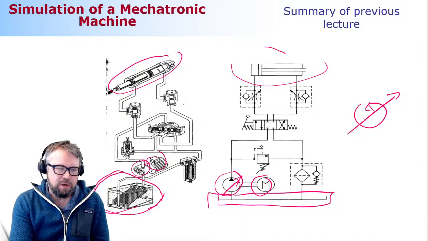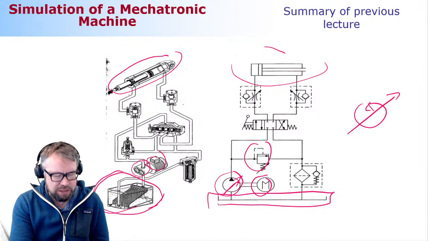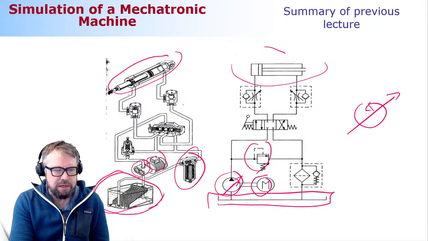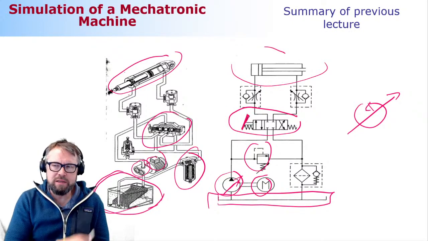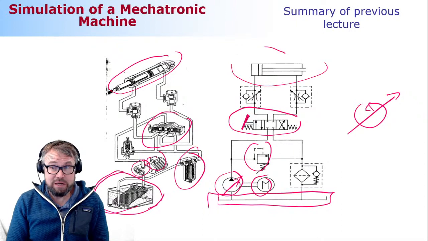Then we have the pressure relief valve, and some kind of filter here. This is how they look in real life, and this is how they look in the drawing symbols. This is a direction valve. The direction valve is here, and it is operated by a shaft, so it's mechanically operated, which you really don't see much these days. Typically, these valves are operated by magnets, something electronic also.